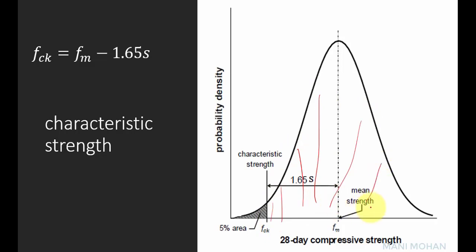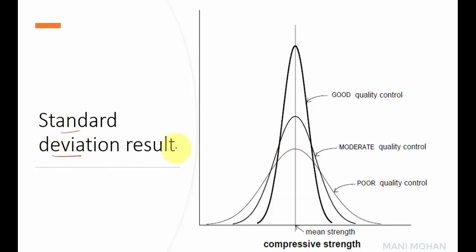This means that there is only a 5% probability that a result will fall below mean strength minus 1.65 s. This is applicable only for material strength. Since the 5% probability of strength falling below a certain strength is the characteristic strength, characteristic strength equals mean strength minus 1.65 times standard deviation.